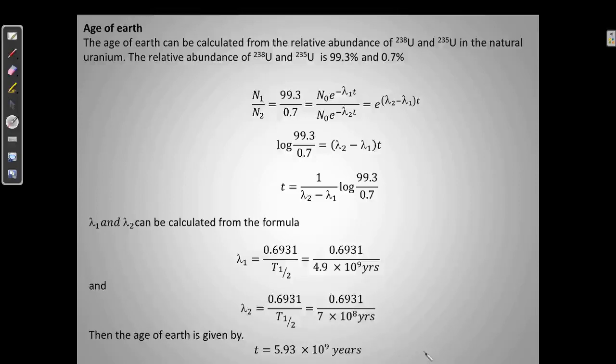The age of earth is given by t equal to 1 by lambda 2 minus lambda 1 into natural log of 99.3 by 0.7. So you will get t as 5.93 into 10 raised to 9 years, approximately 6 billion years.